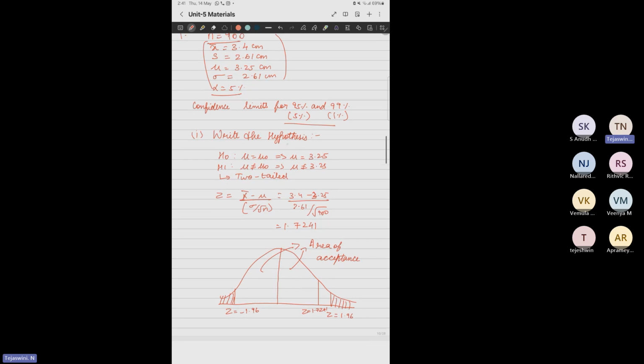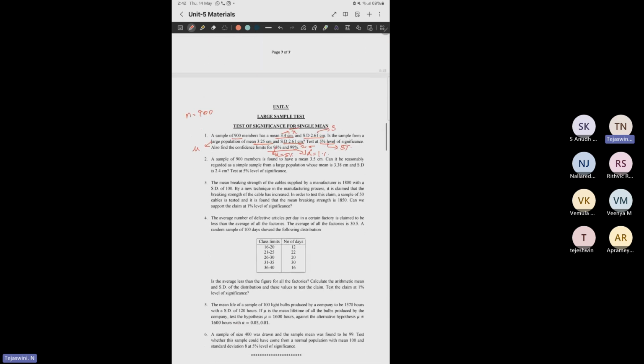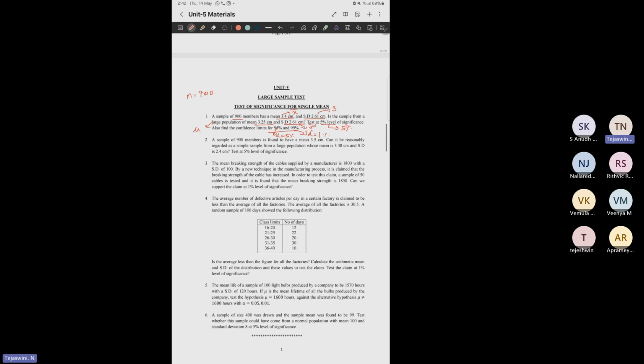So first we have to write the hypothesis. Here they didn't ask us if it is greater than or less than or anything like that. They have just asked us to test if it is valid or not. So generally it will be two tail unless and until we get any keywords like maximum, minimum, increase or decrease.